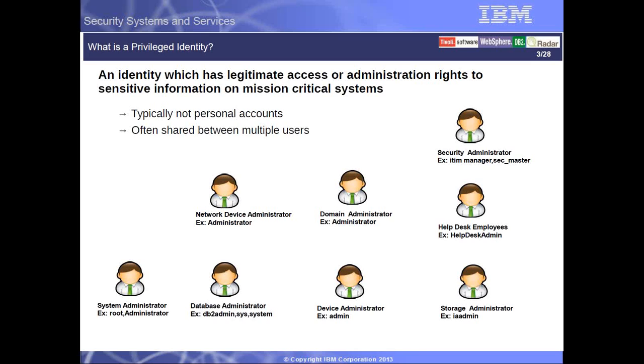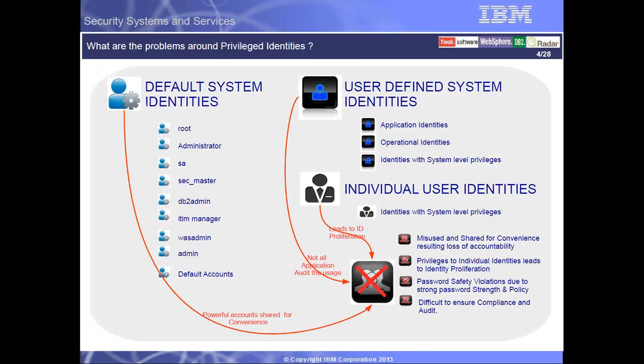Often these are shared between multiple users. Examples: you have root, administrator, DB2 admin, ITIM manager, sec master, and so on and so forth. These are powerful accounts to a system, and there are problems all around them as they are quite powerful. So we'll go to the next slide.